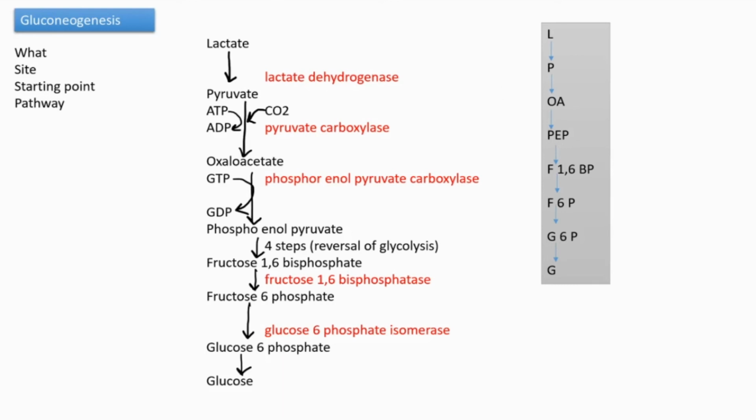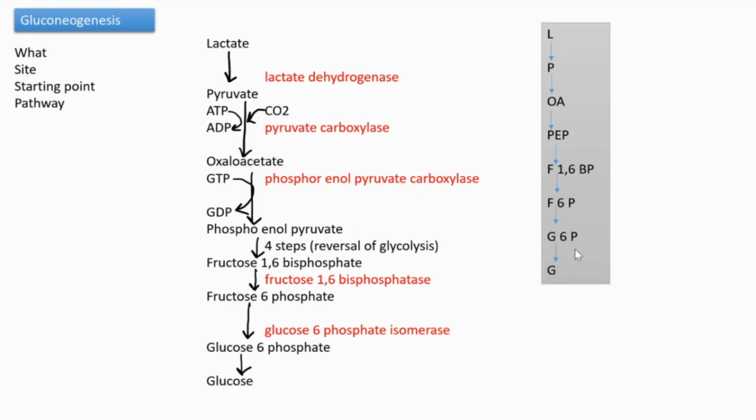So we are going to see the pathway, and as every time, we are memorizing all the pathways in our mind. In that way we are going to start here also. The main steps in this pathway are lactate, then pyruvate, then oxaloacetate, which needs to change to phosphoenol pyruvate, then fructose 1,6 bisphosphate, again changing to fructose 6 phosphate, fructose 6 phosphate becoming glucose 6 phosphate.